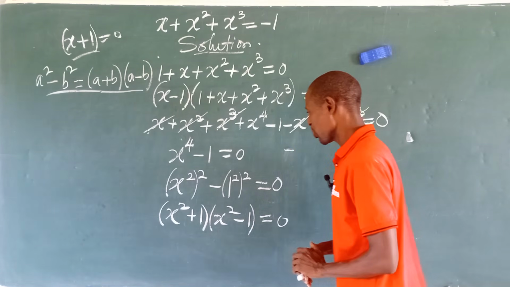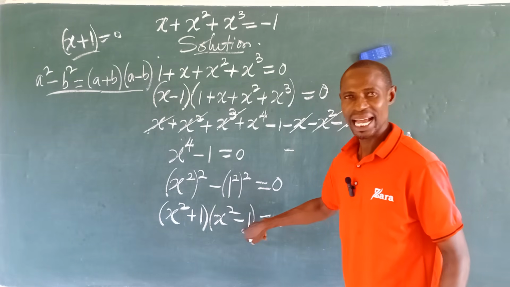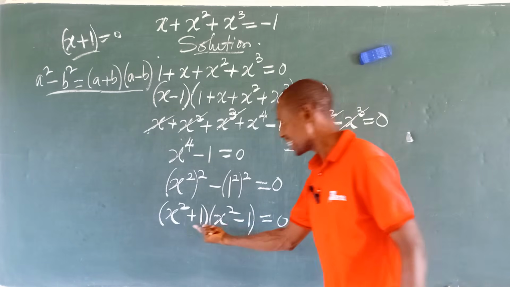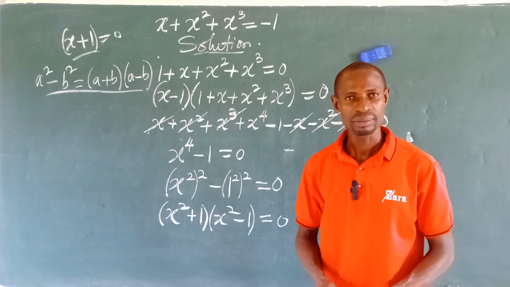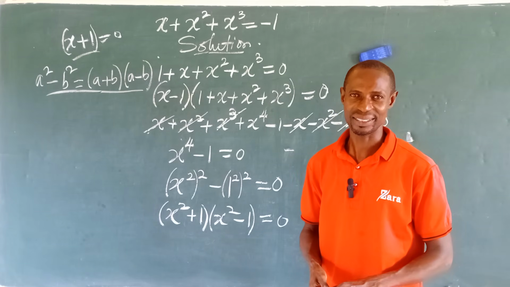Easy. Good. Now from here, we can equally apply difference of 2 squares to this again. And this place here, because it is to the power of 2, we can apply what is called sum of 2 squares. I believe you must have heard of sum of 2 squares also. What does it say?